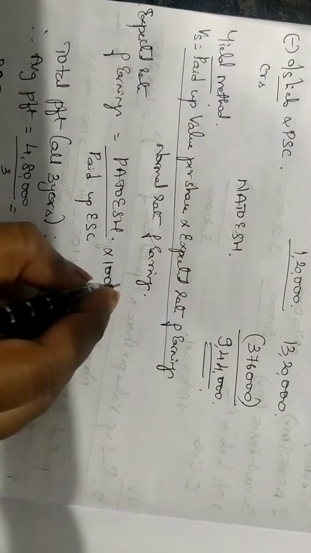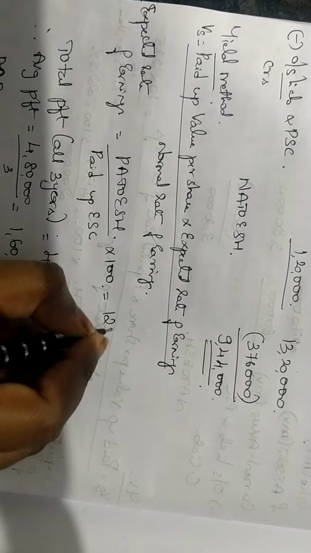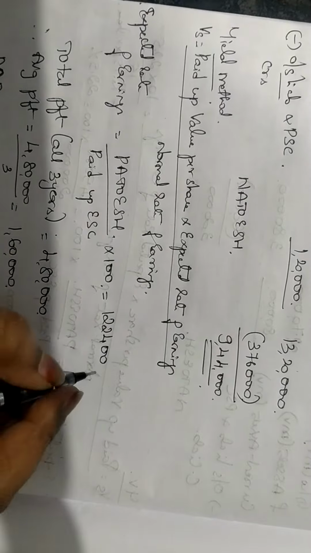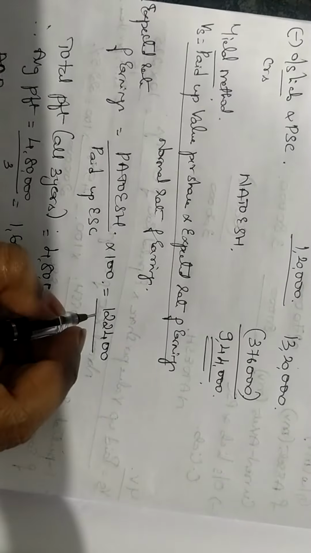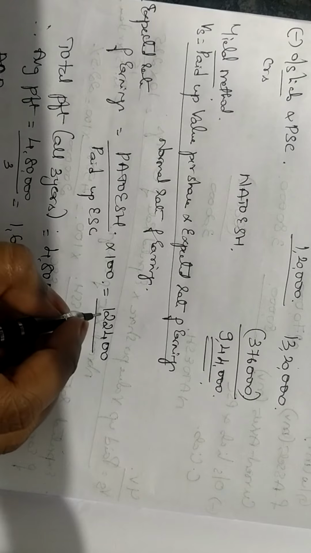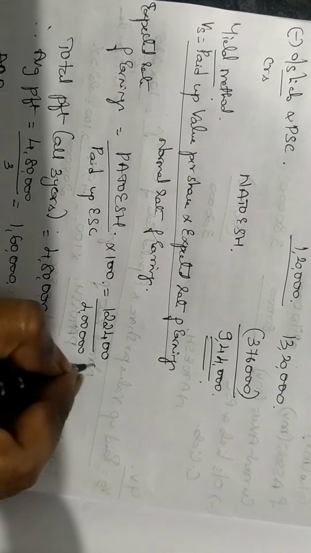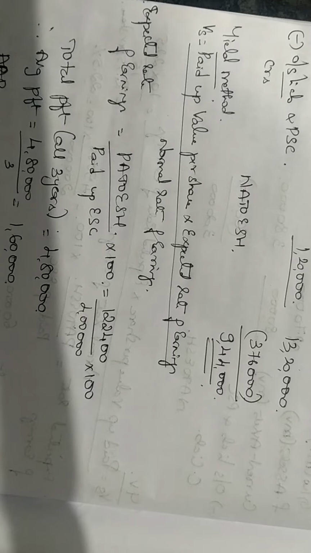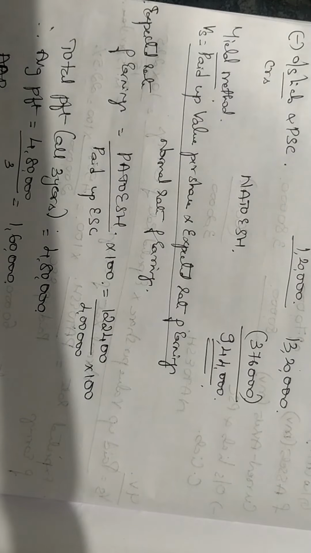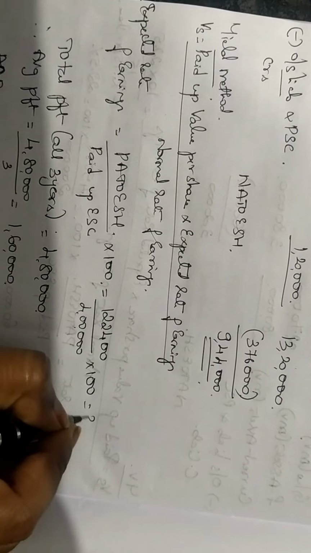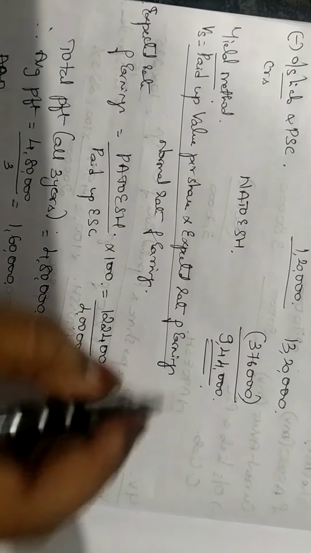So now let us substitute in the formula. Profit available, which we had found out, was 1,22,400. Paid up equity share capital directly given in the question is 4 lakh into 100. You get 30.6%.